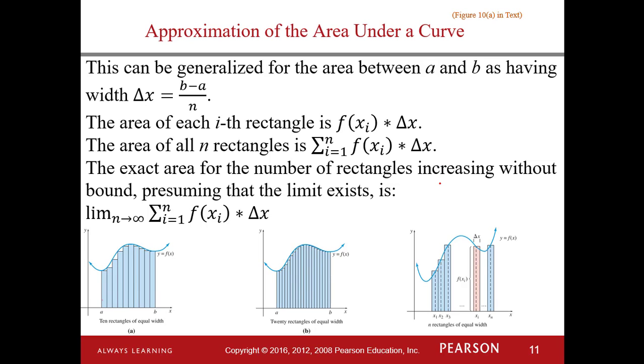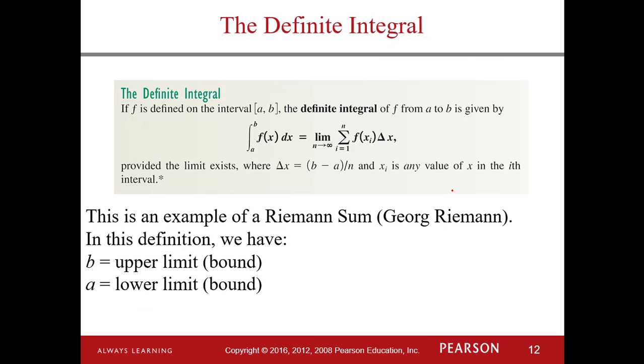The exact area, as the number of rectangles increases without bound, presuming the limit exists, becomes the limit as n approaches infinity of that sum from i equals 1 up to n of the value of the function at each of those rectangular pieces times the width delta x. Okay? And that is the approximation of this, which would then lead us to defining the definite integral.